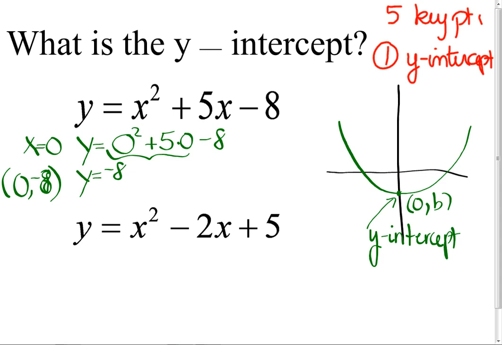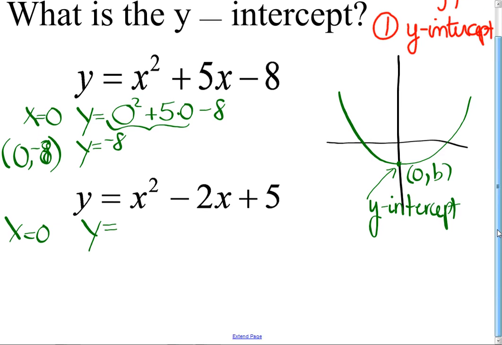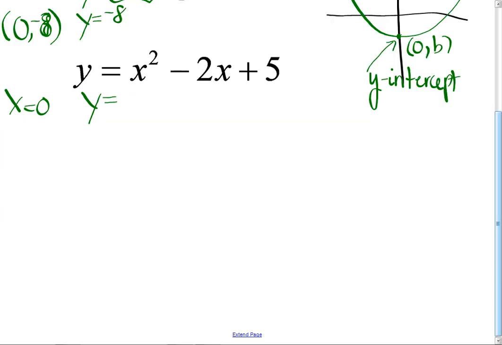Okay, what's this one going to be? Henry? X is going to be 0. What's y going to be? Yeah, but in this particular equation. Cole, can you help him? Well, I'm going to put 0 right in here. What do you get? We're finding the y-intercepts.